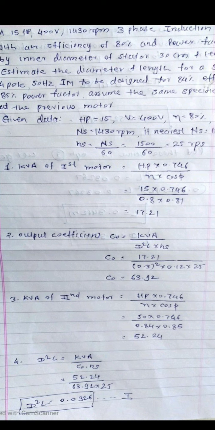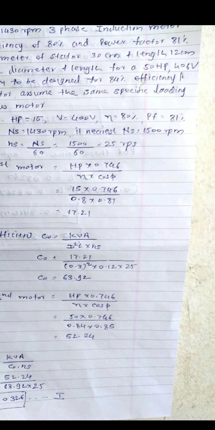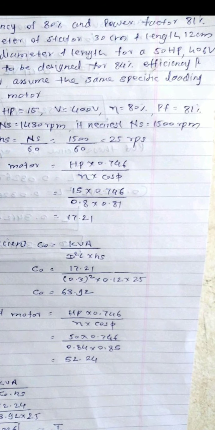Estimate the diameter and length for a 50 HP, 400 volt, 4 pole, 50 Hz induction motor to be designed for 84% efficiency and 85% power factor.